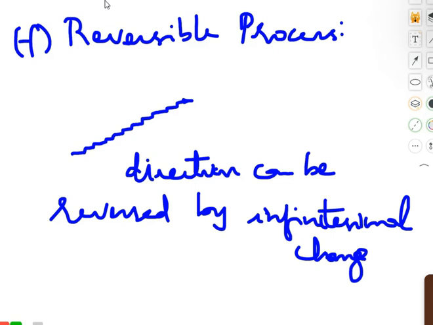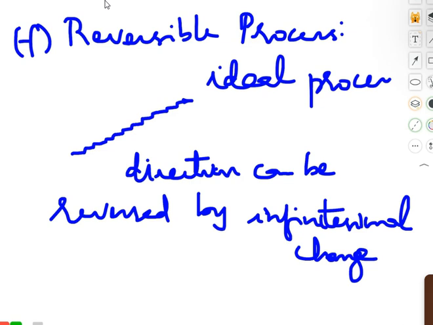So this is usually an ideal process. Why we say it is an ideal process is because every intermediate state is in equilibrium with the other one.